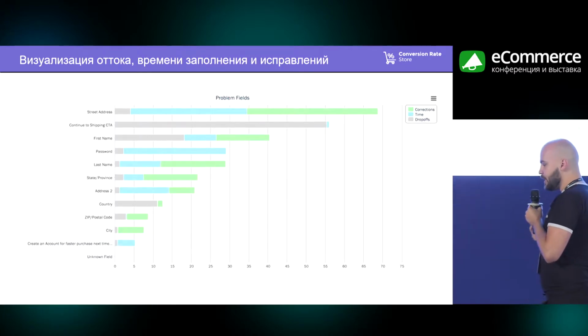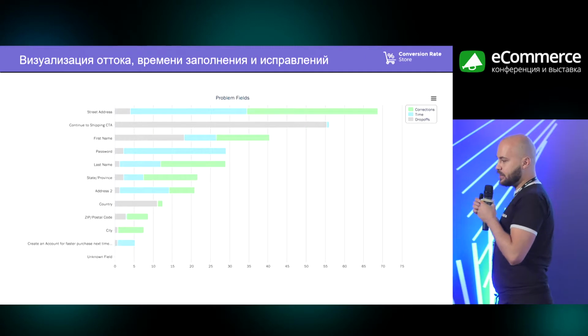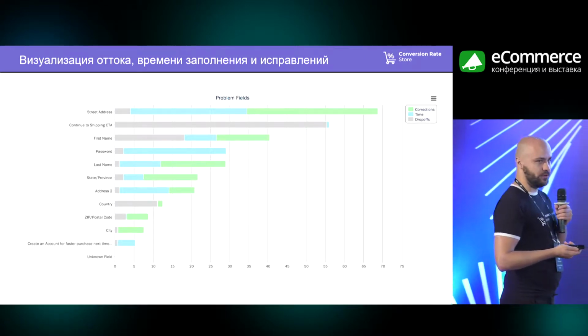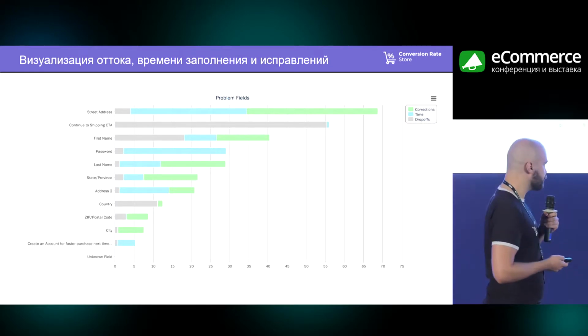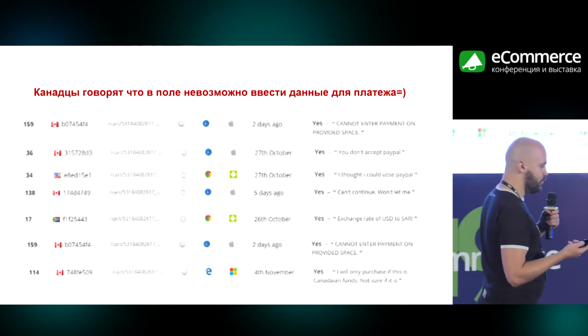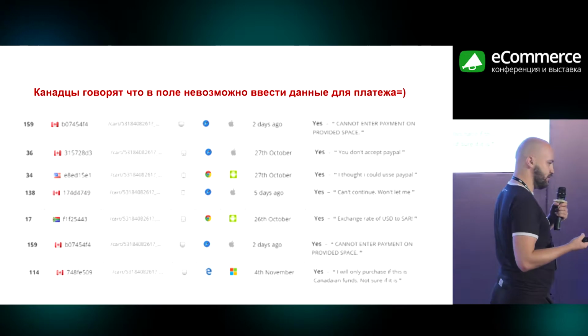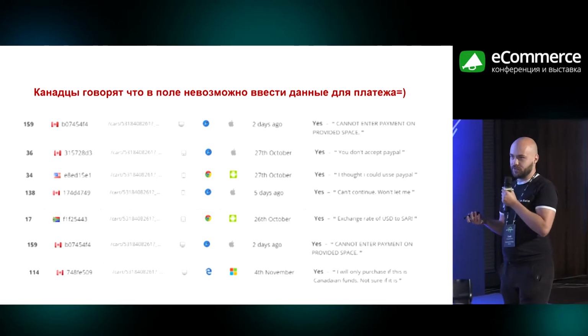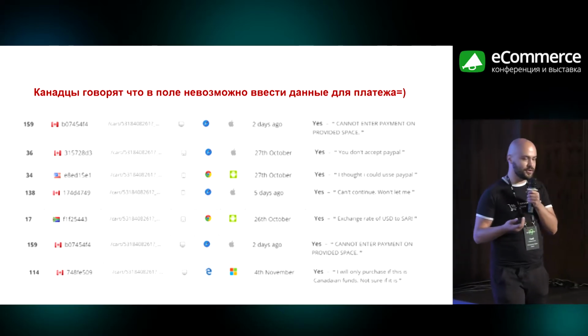And with this type of research, we understood that the biggest friction point was on the zip code field. We took a look at the zip code field, but it's not clear what's happening, what's wrong with it.